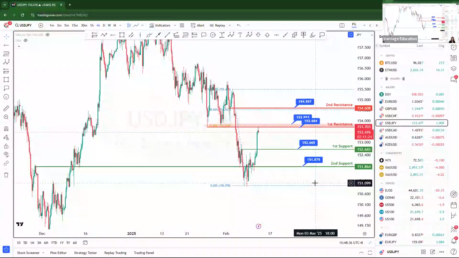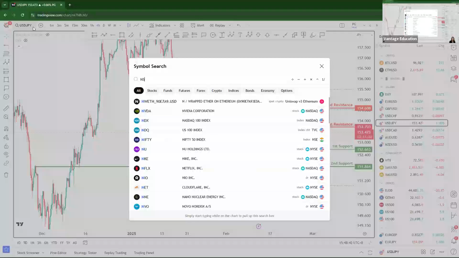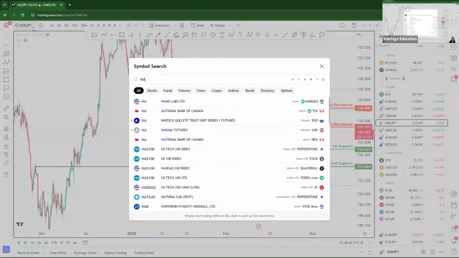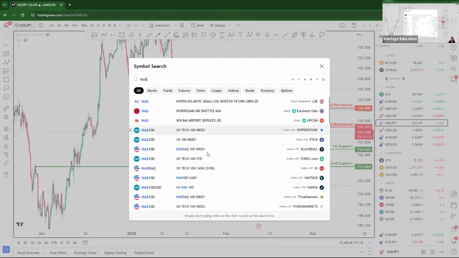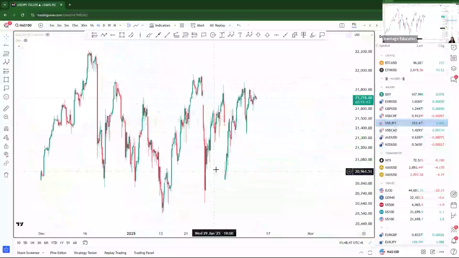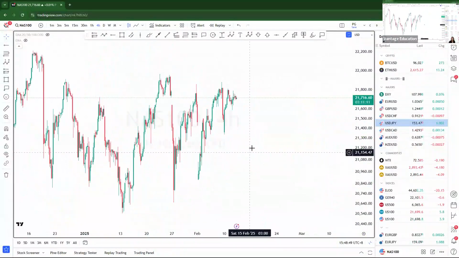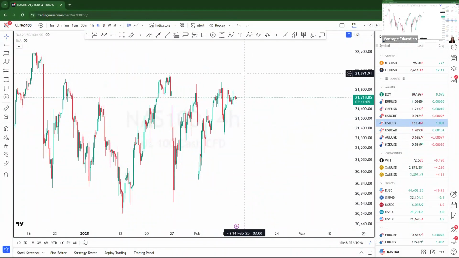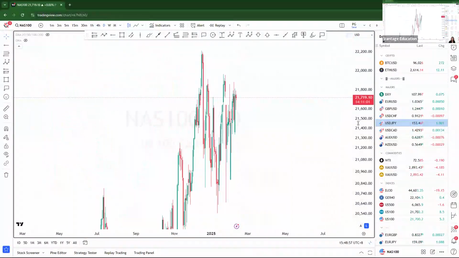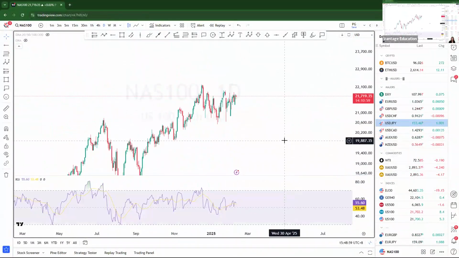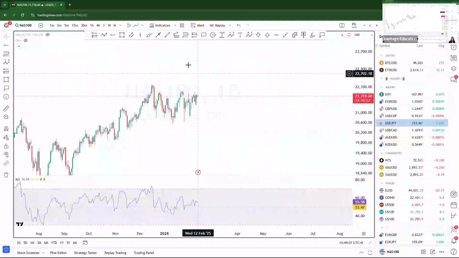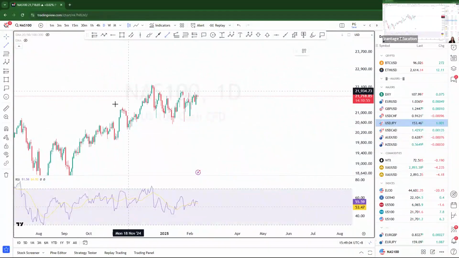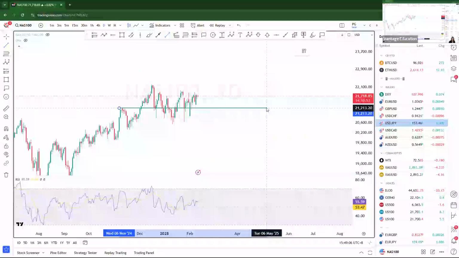This is the level. Nasdaq. This one, right? Is it Nasdaq 100? Okay, based on the daily time frame, to me it's just ranging.